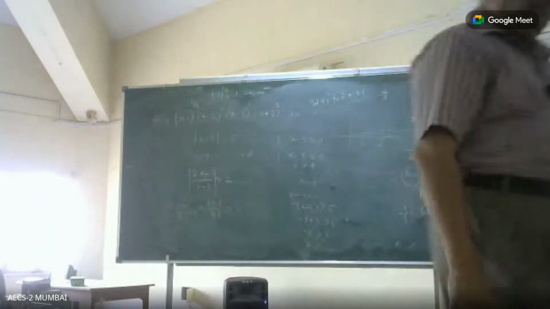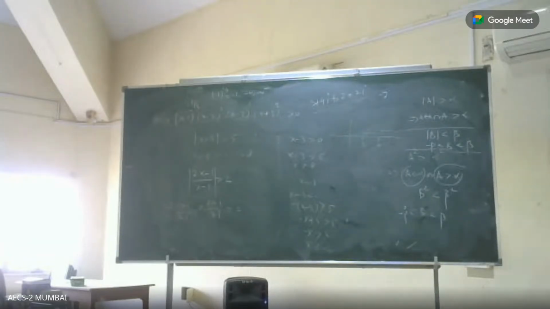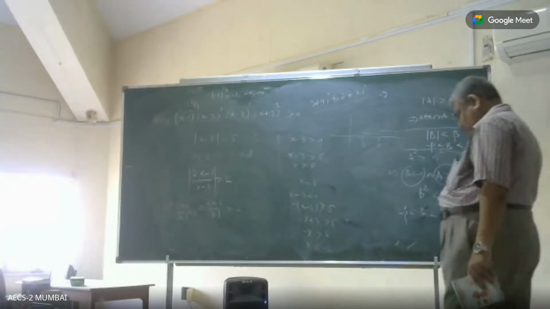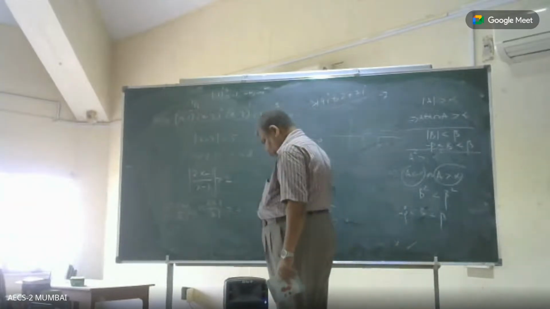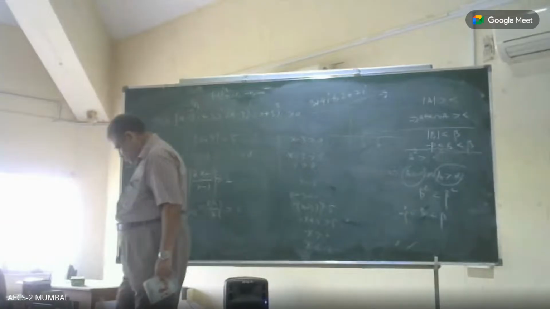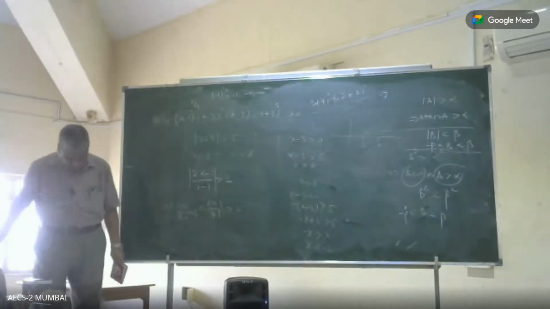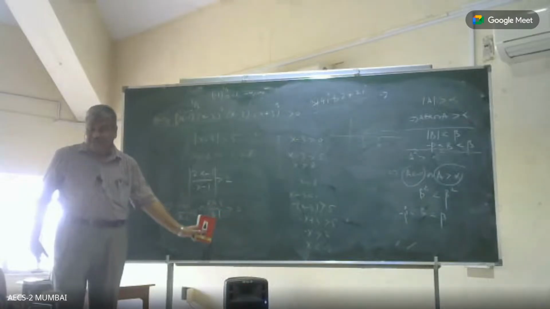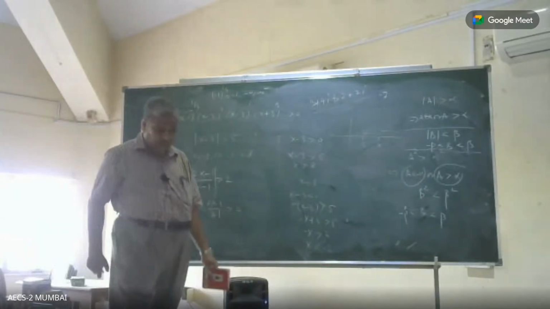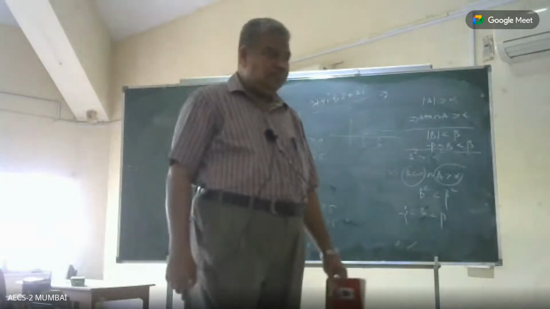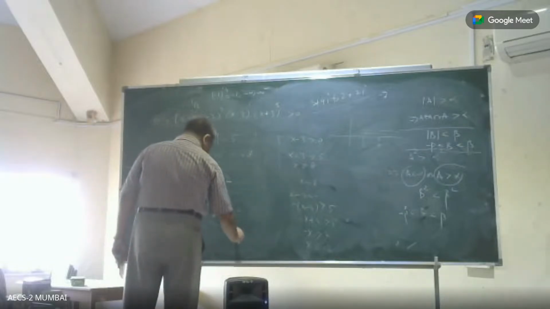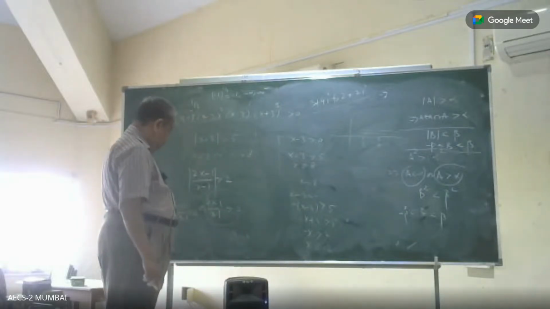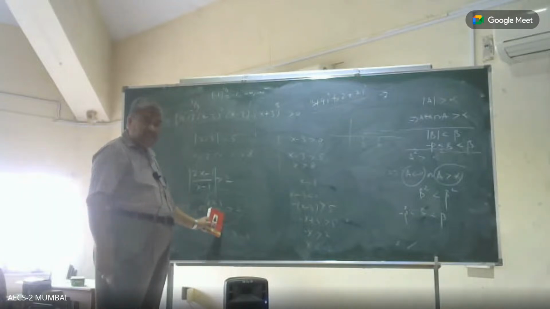So let us do that. First solve this, bring everything on one side. So what is the solution of this? Net solution is x is greater than 1.